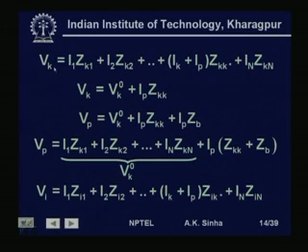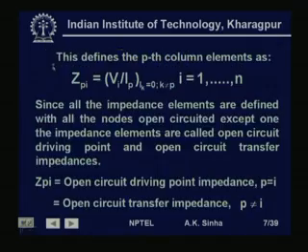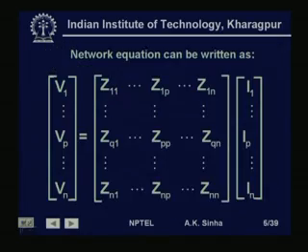Now Vk, if you recall from here, Vk will be equal to Zk1 into I1 plus Zk2 into I2, Zkk into Ik, and so on up to Zkn into In.